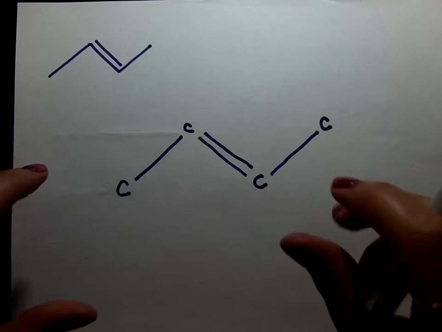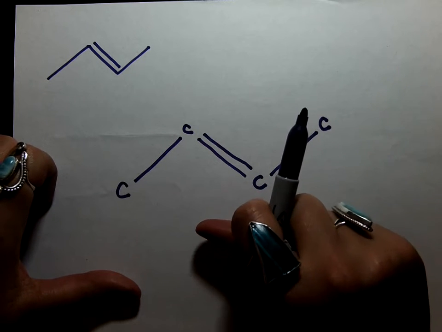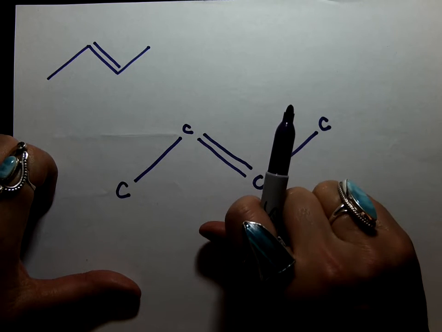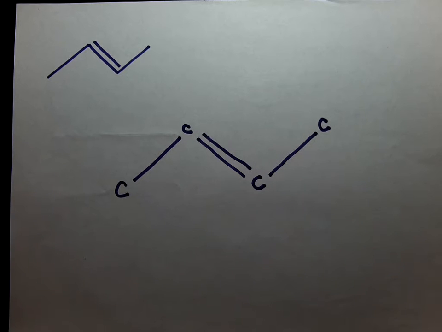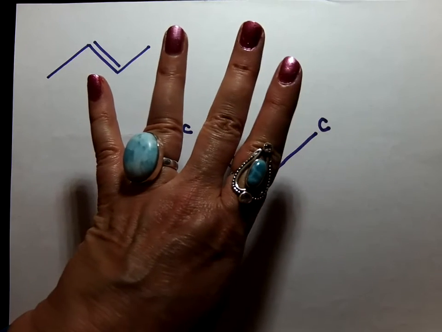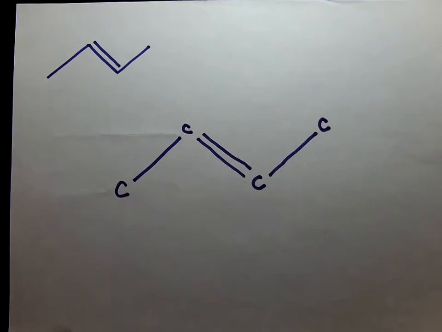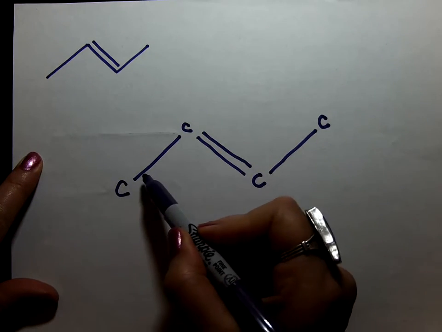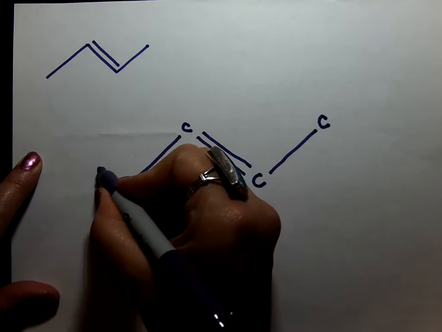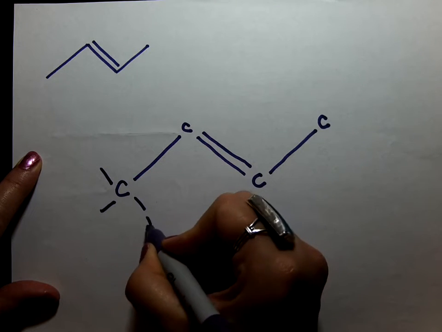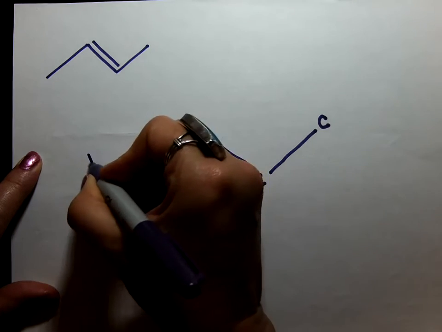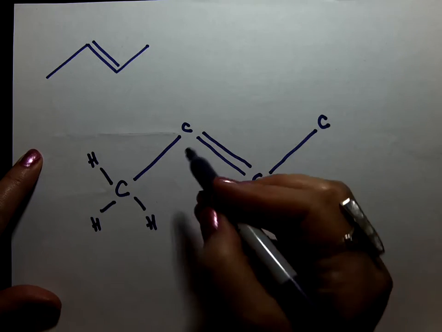Now, we need to add hydrogen atoms to the carbons so that the carbon has how many bonds? How many bonds does it need? 4, right? Carbon atoms need 4 bonds. This carbon atom has 1 bond, so it needs 2, 3, 4. And those are all hydrogen atoms. Let's look at this carbon atom.